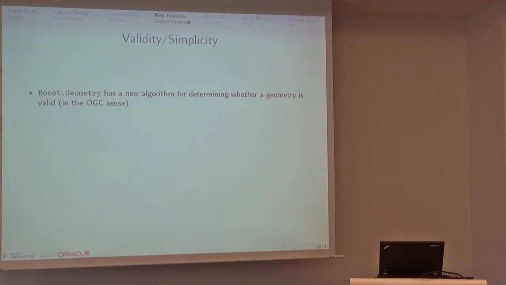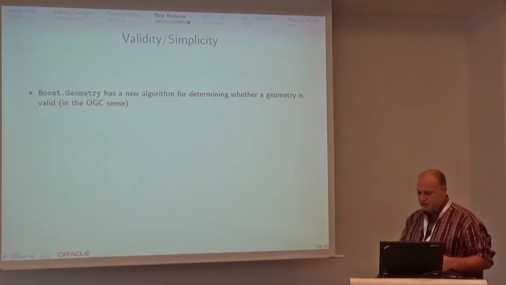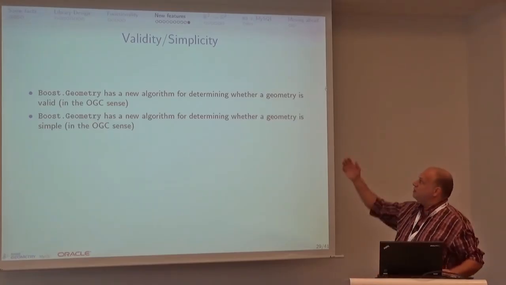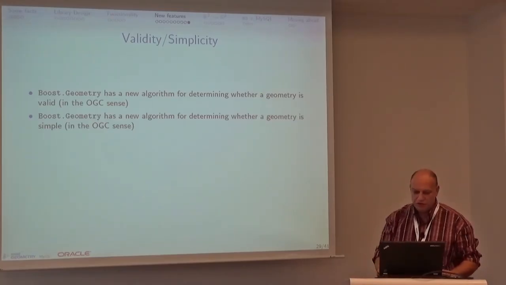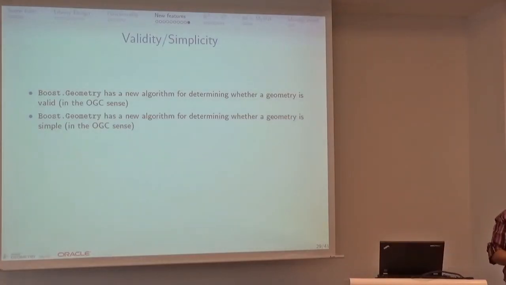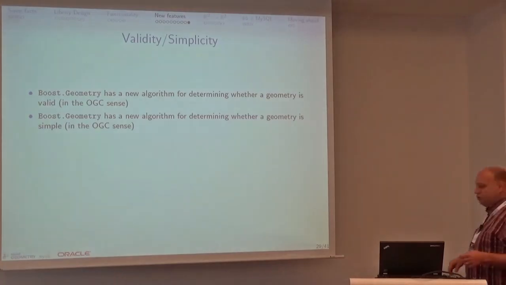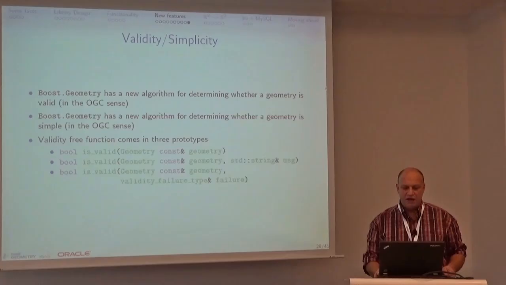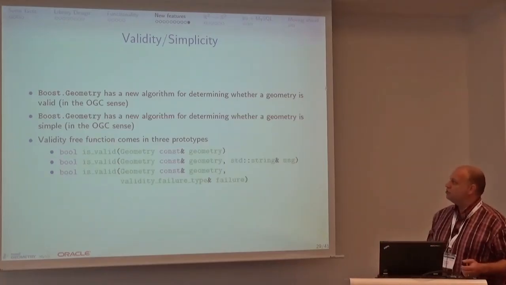Or if you have a polygon that has a disconnected interior, this is also considered invalid. So what we've done in the past few years in the geometry library is that we added functionality for testing whether a geometry is valid and also whether a geometry is simple. Simplicity is also a notion defined by the OGC standard. For example, geometries that have duplicate consecutive points are not considered to be simple. This is a very easy example that I can describe in the context of this talk.